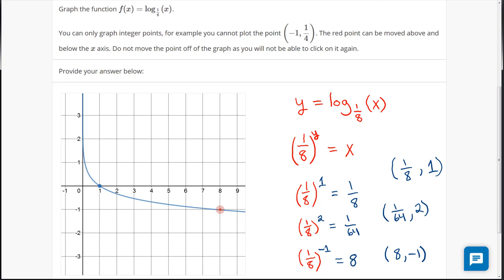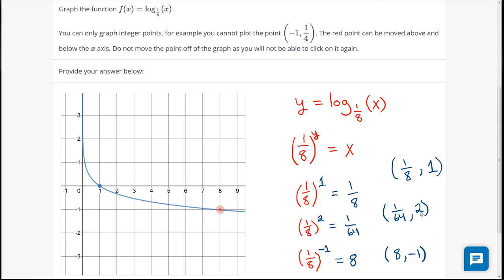And now we can see that these other 2 points should be on that graph. Let's see what happens when x is 1/8. When x is about 1/8, it does look like the y-coordinate is about 1.